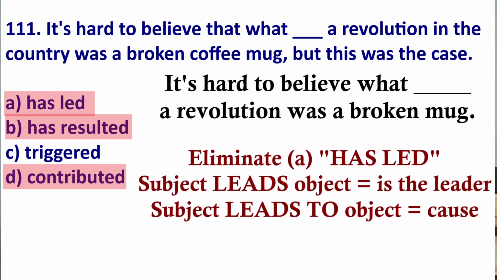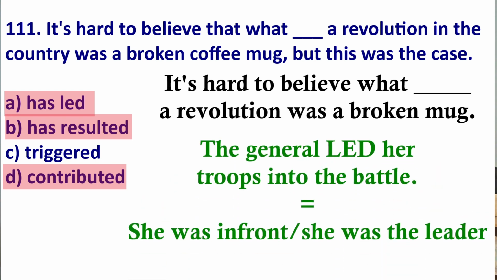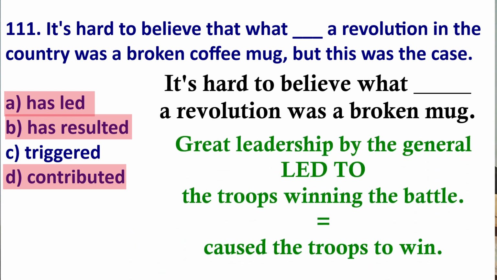Well, eliminate had led. Why? Lead to means cause. Lead is to be the leader of. For example, the general led his troops into battle. This general is the leader in charge. But if we use it as cause, great leadership by the general led to the troops winning the battle.